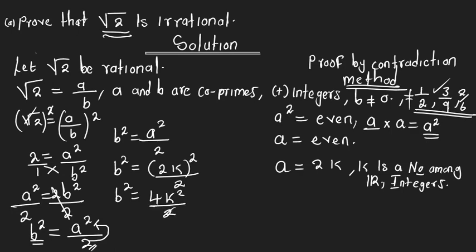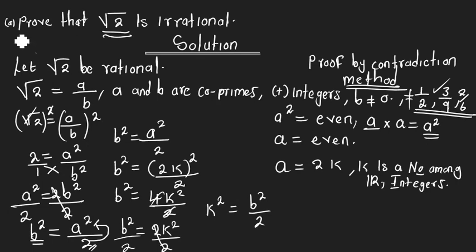Then at the end, this and this guy is going to divide. I'm going to get b power 2 equal to 2k power 2. Okay, so now when I reach here, if I divide by 2, I also divide by 2. Notice that k power 2 is equal to b power 2 over 2.